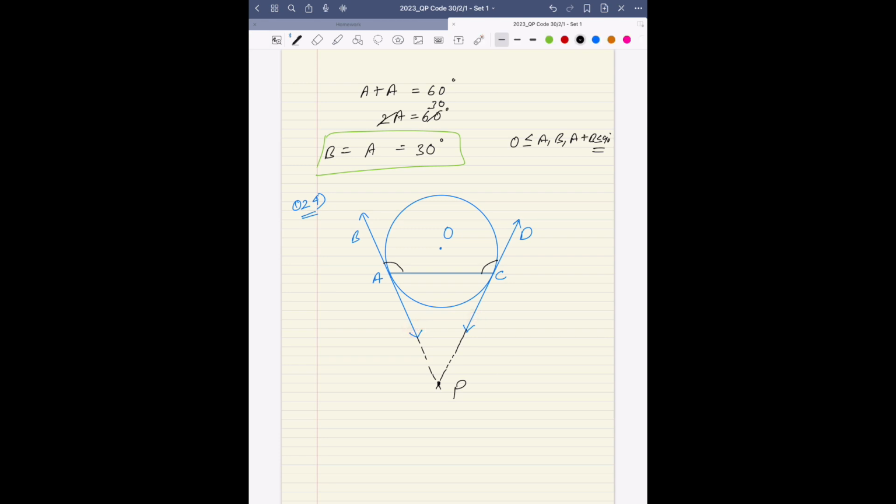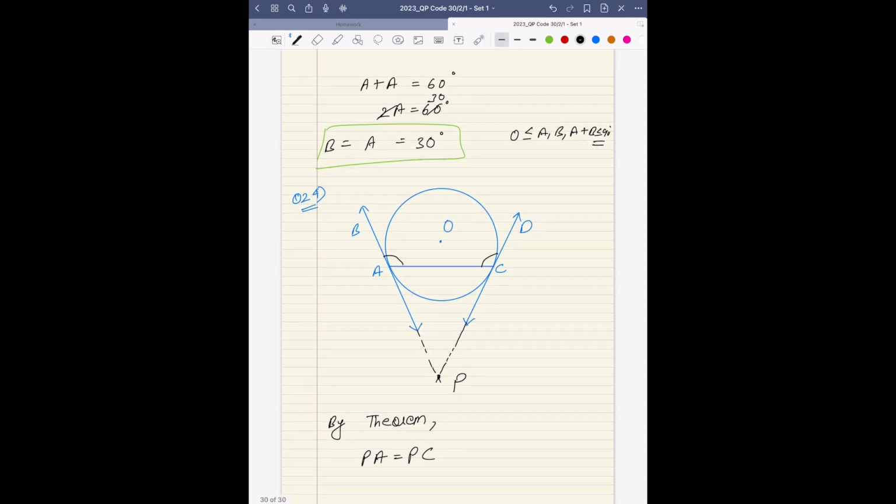All of you know that theorem. So I'm just going to say by theorem, PA is equal to PC. I hope there are no doubts here because the length of tangents from an external point will be equal.